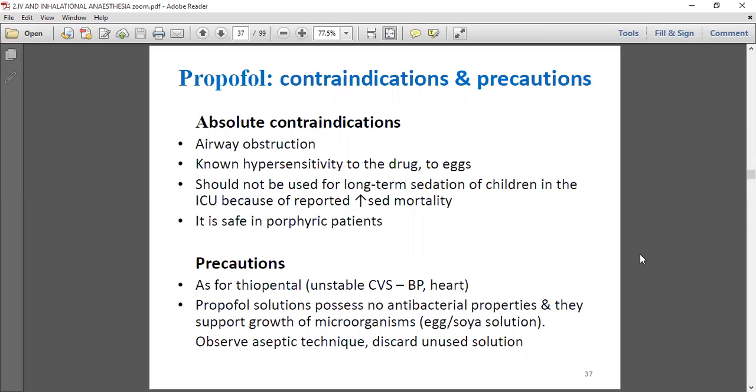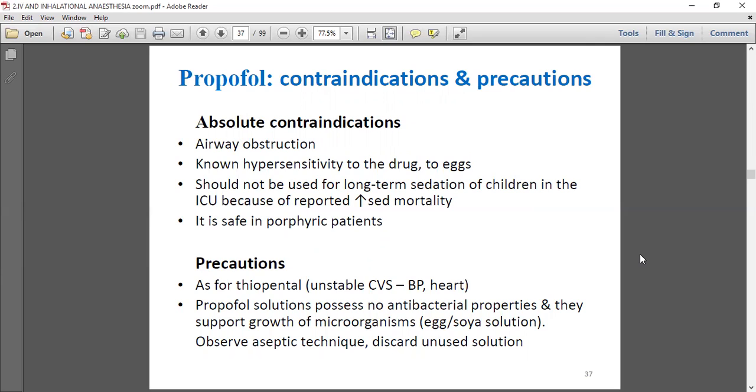Contraindications and precautions. Absolute contraindications of propofol: airway obstruction, and known hypersensitivity to the drug and to eggs, because in propofol we add purified egg phosphatide.